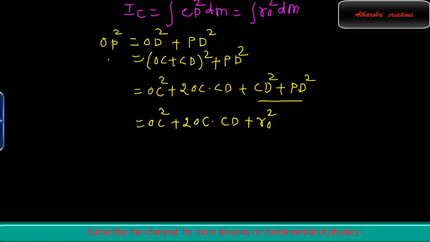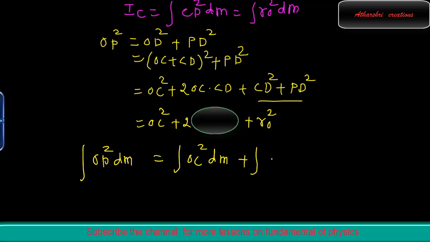Now multiplying both sides by dm and taking the integration, what happens? See, the integration of OP square into dm is equal to the integration of OC square dm plus the integration of twice OC into CD dm plus the integration of R0 square dm.